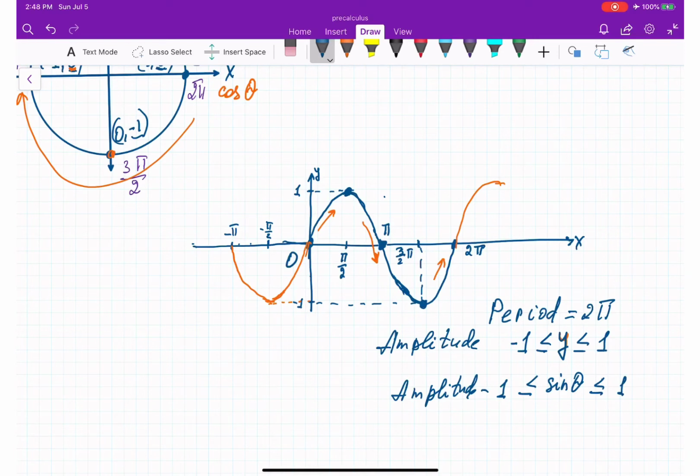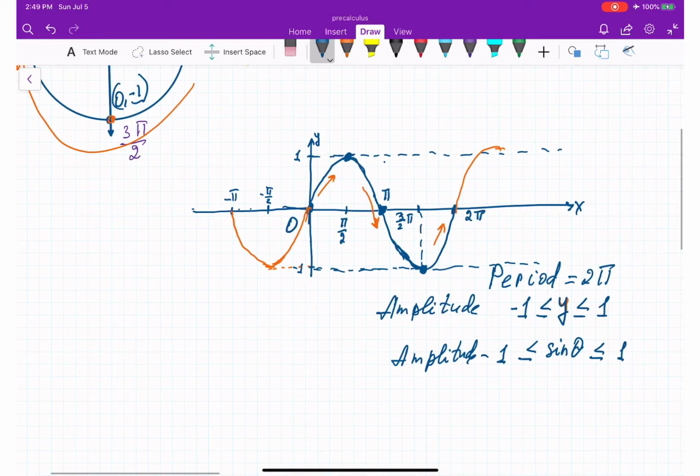What else we can say is that the entire graph is fitting from -1 to +1, unless you change the amplitude, like instead of sin theta you get 2 sin theta, or 1/3 sin theta, and so on.